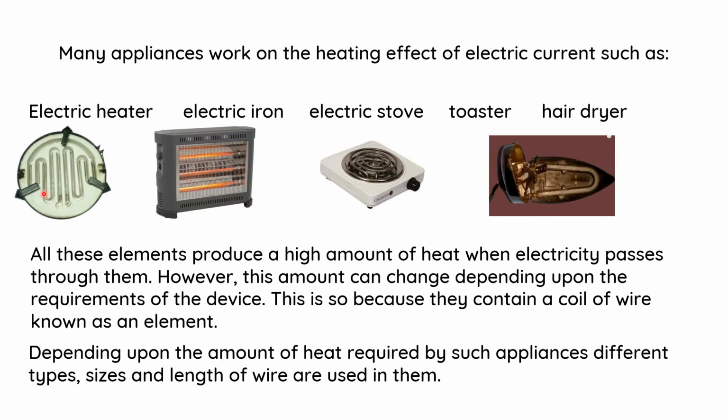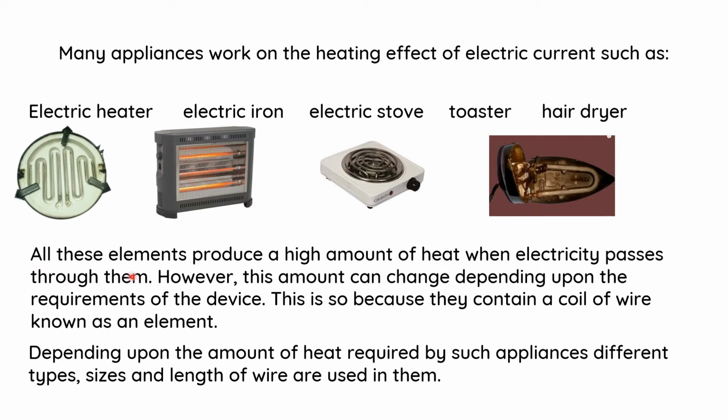This also has coils, and this is a room heater. Inside, some coils are there, and when you plug the room heater into the electricity, these coils heat up and we get warmth. Toaster and hair dryer also work on the principle of heating effect of electricity.